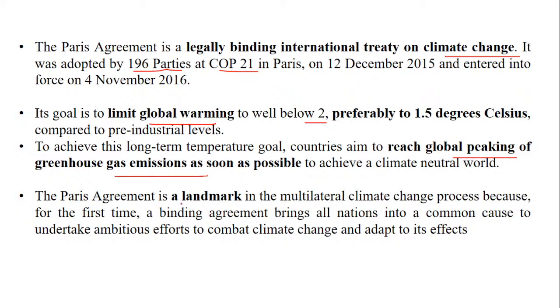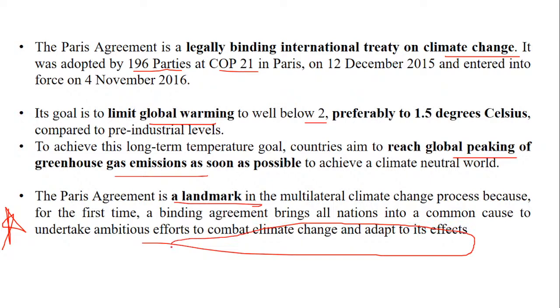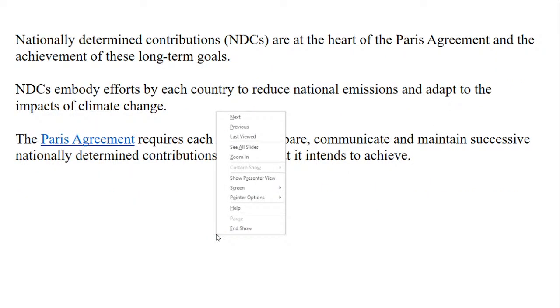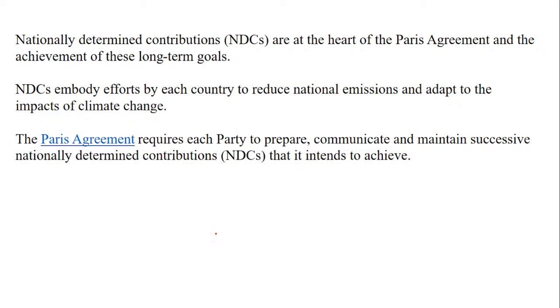The Paris Agreement is a landmark, a very important statement on climate change, because for the first time a binding agreement brings all the nations together to combat climate change and adapt to its effects. And with this, the Paris Agreement was formed, and the time period taken to review was 5 years.